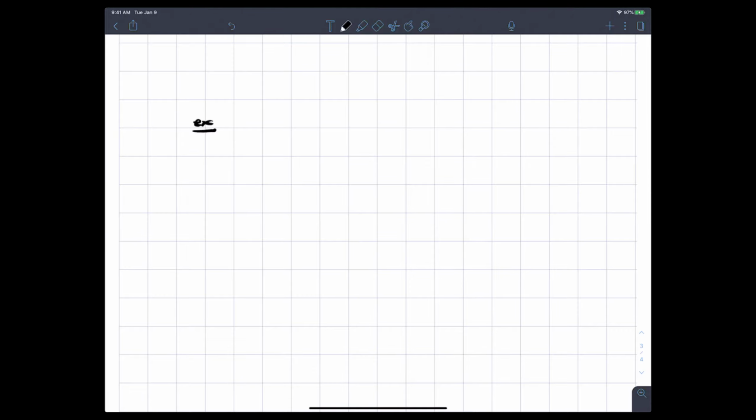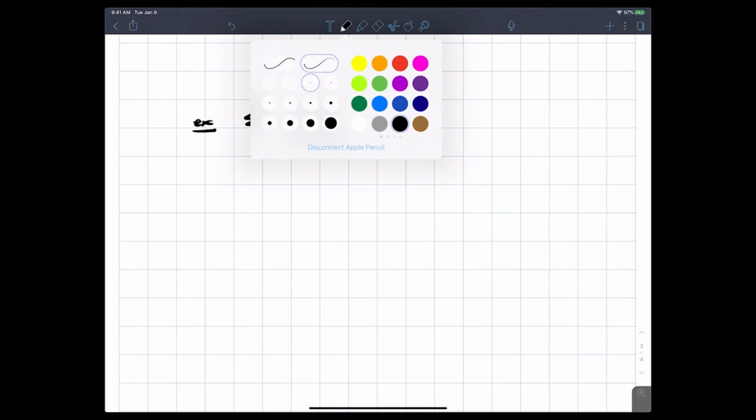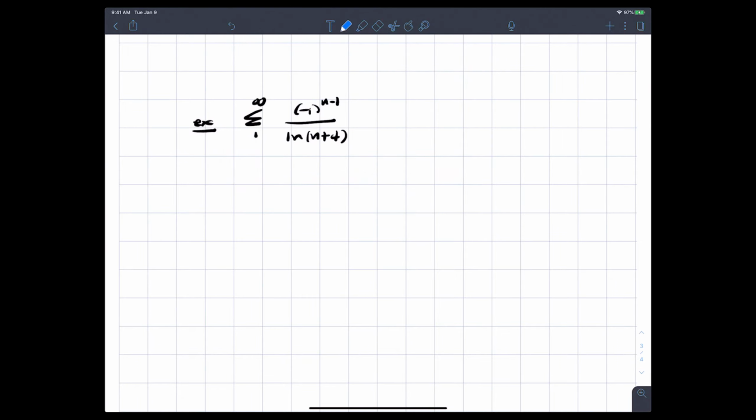Let's see a few more. The sum from n equals 1 to infinity of negative 1 to the n minus 1 over the natural log of n plus 4. Now, here, our bn is going to be 1 over the natural log of n plus 4.